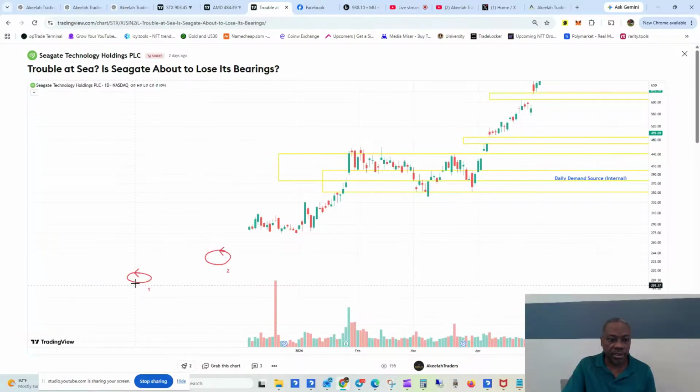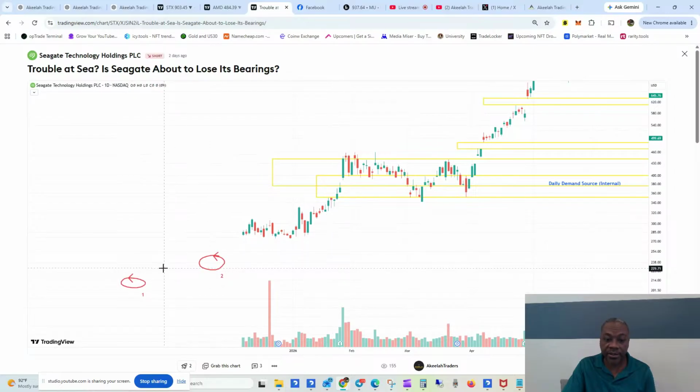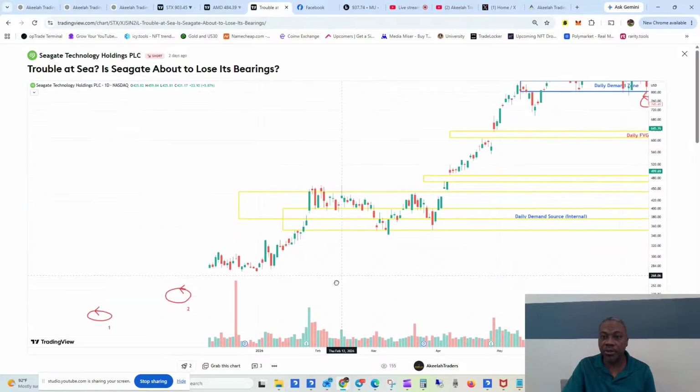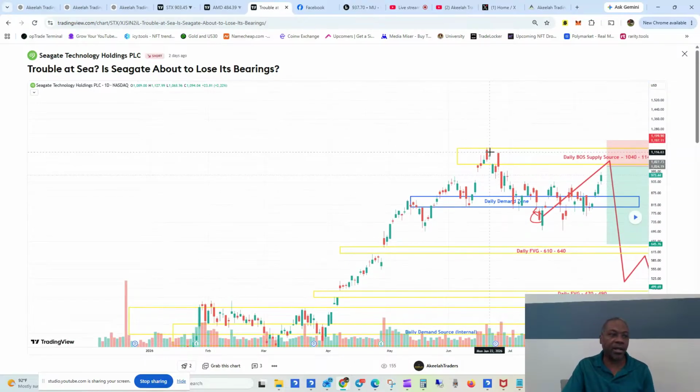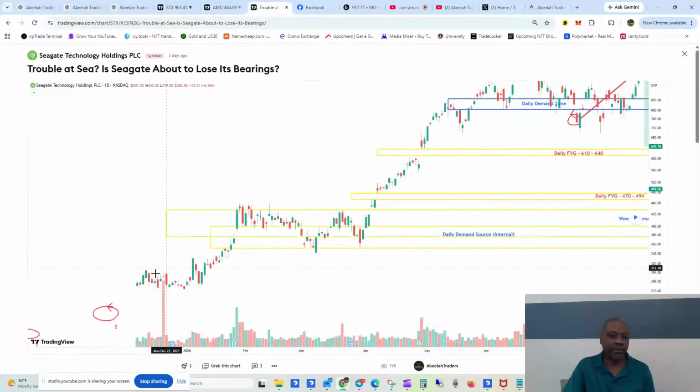It was down in this area, less than $200. And since then, in this year's time, Seagate has pumped from sub $200 all the way up to $1,200, almost in one consistent pump and move.